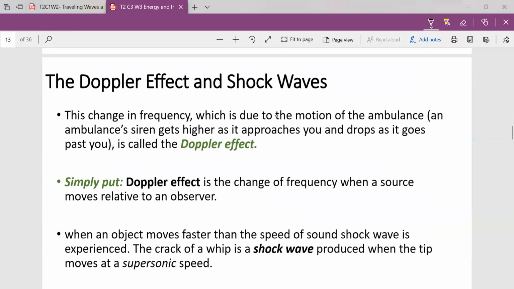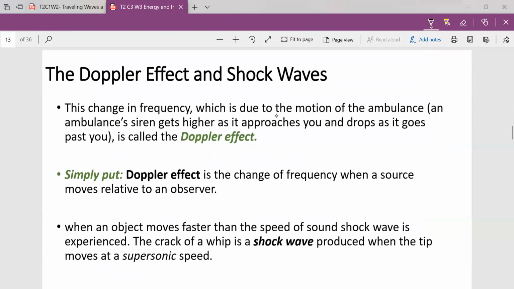So we proceed quickly to another interesting topic as well, the subheading, the Doppler effect and shock waves. Now, the Doppler effect is something we experience every day. Sometimes if you're driving or walking, you hear a siren coming towards you.